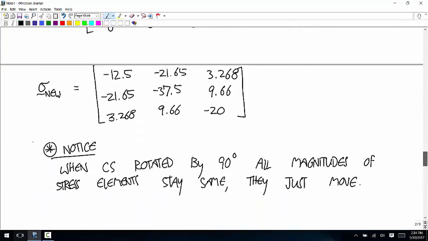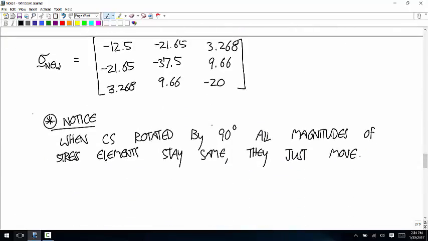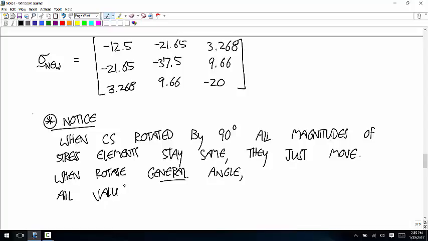But when we rotated at an angle other than 90 degrees, let's say a general angle, all the values change.